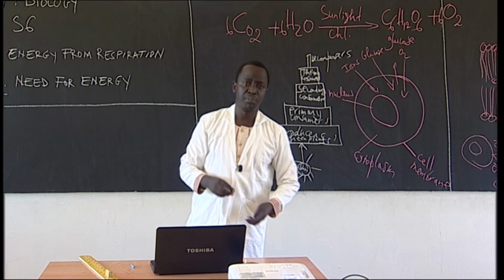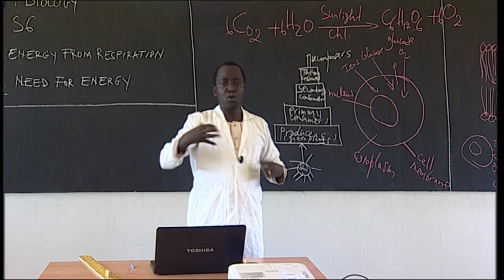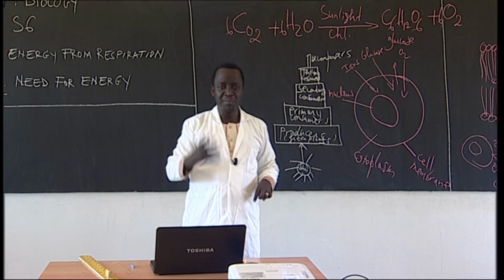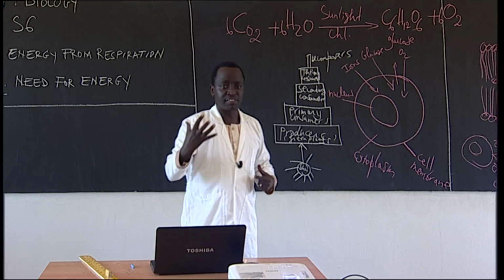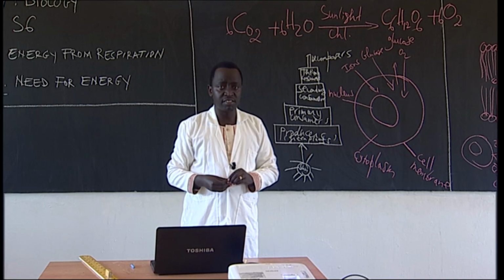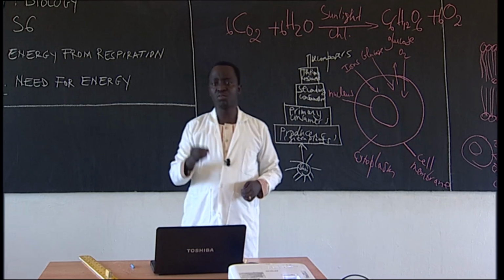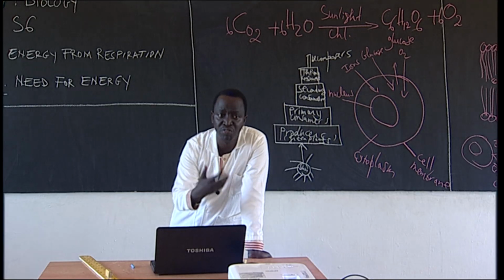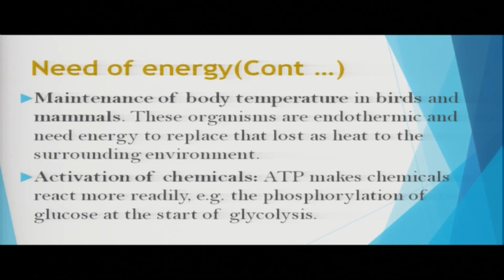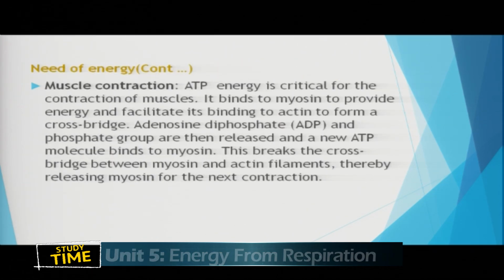Even the maintenance of body temperature. For example, if you wake up in the morning and it is cold, in the body there are fats. Those fats are going to be metabolized. Then there is production of what? Of heat. Heat cannot be produced when there is no energy. Are you getting the point? That is activation of chemicals. As I have said, the process of glycolysis cannot happen when there is no energy.